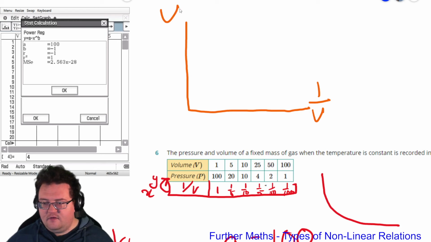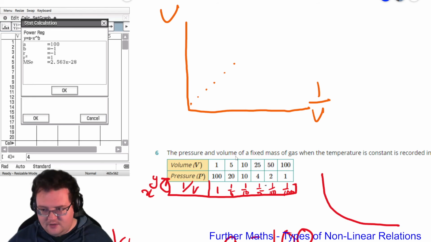And then you're going to have P. And what you'll find is when 1 on V is 1 on 100, it's going to be there. 1 on 50 is going to be there. And you'll find that you have linearized the data.